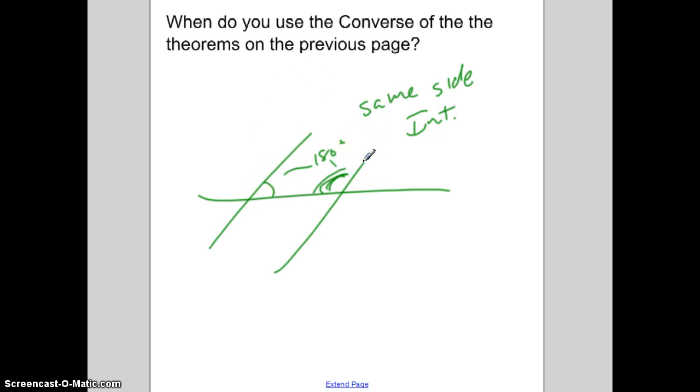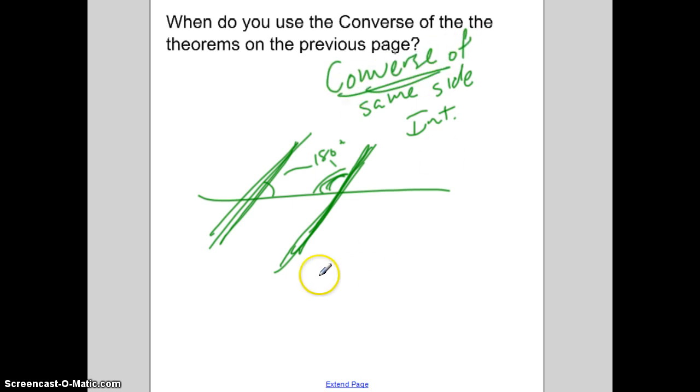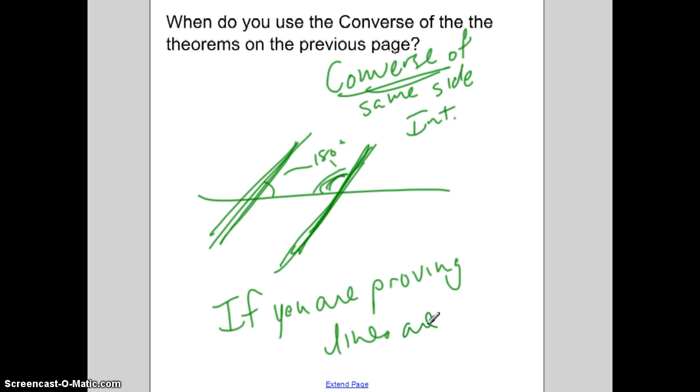But if I was trying to prove that this line is parallel to this line, I'm going to use the converse of the same side. So once again, if you are proving lines are parallel, that's simple for parallel. Maybe I should write out the word so this is clear.